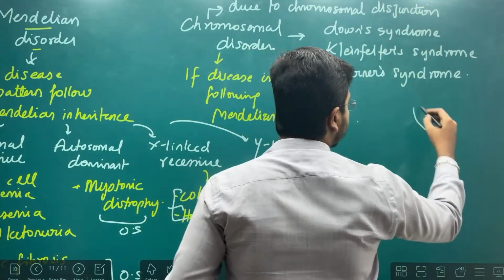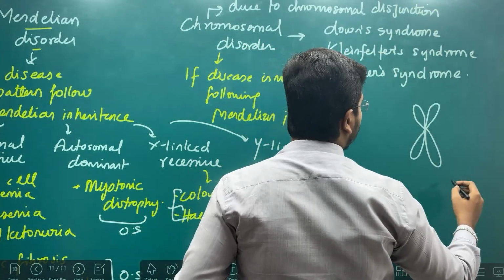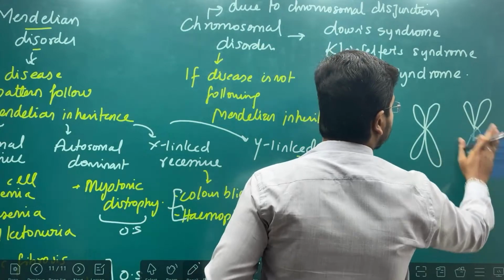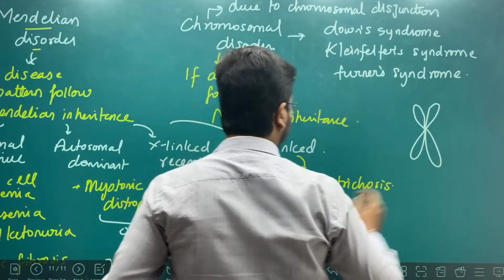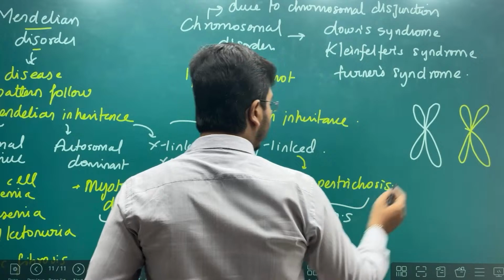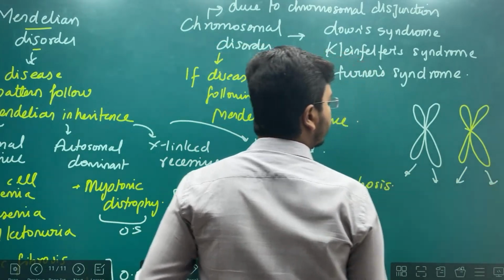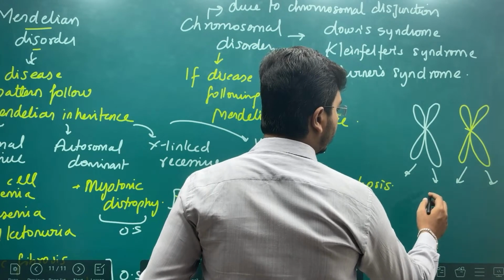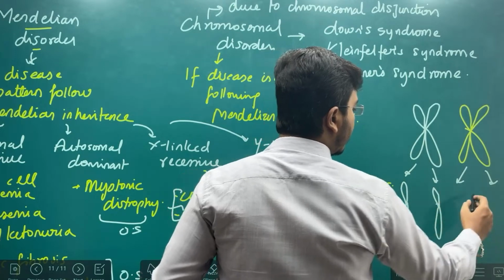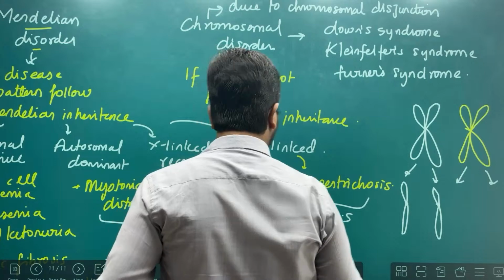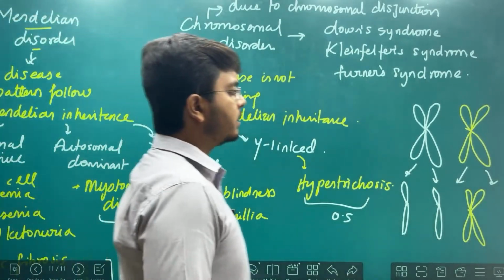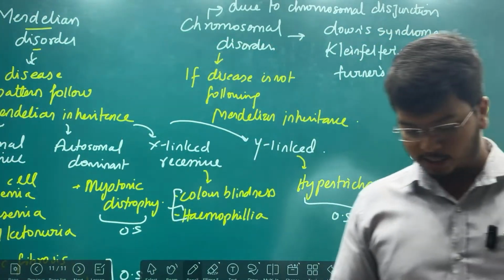Let's imagine I have a chromosome, and another chromosome of a different color. Both should separate and each become a separate one. But here they do not separate and come together as the same. This condition is called disjunction.